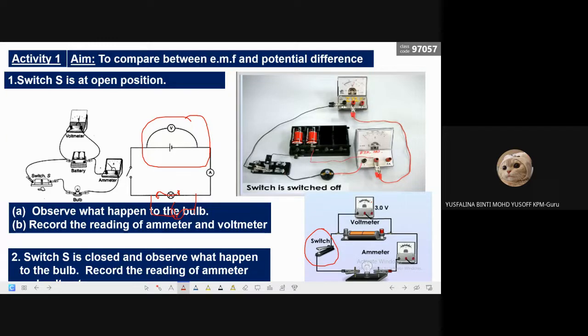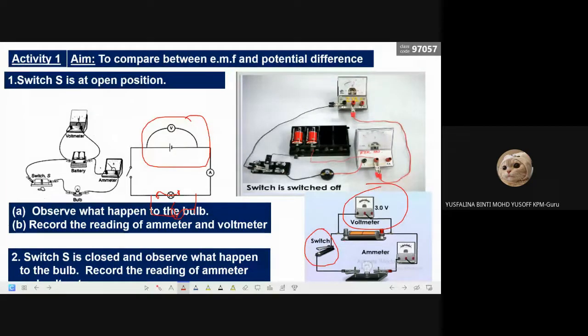So where does the 3 volt come from? It's actually the voltage or the EMF of the battery. Even though the switch is open, there is still a reading for the voltmeter, and the current is of course zero because there is no current flowing in the circuit.